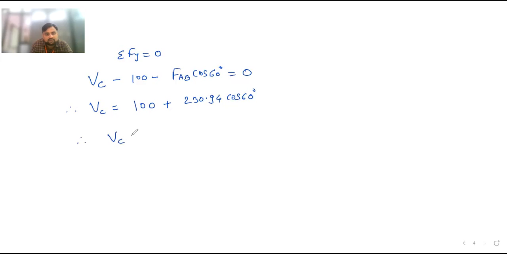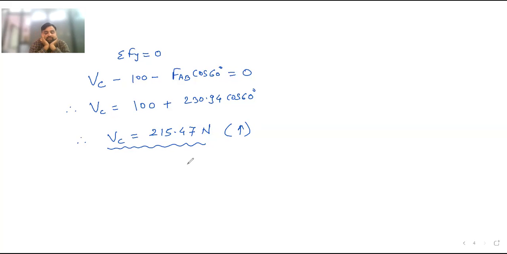Therefore, VC is equal to 215.47. Others, please do check the answer. We got a positive answer, so our assumed direction of the reaction VC is correct.